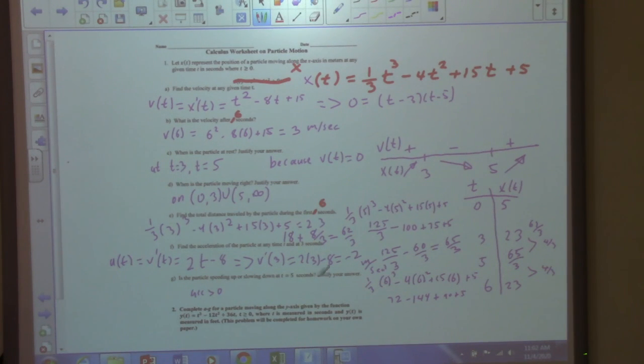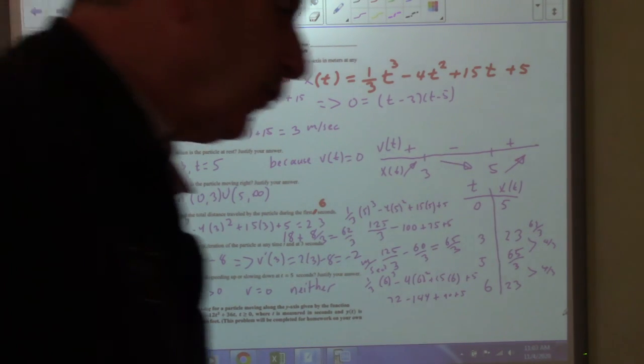What about velocity at t equals 5 seconds? Velocity equals 0. So are we speeding up or slowing down? Speeding up. Nope, no, we're slowing down. We are neither. Why is that? Because velocity is 0. So it's right here, it's doing that back and forth walking I was doing here.